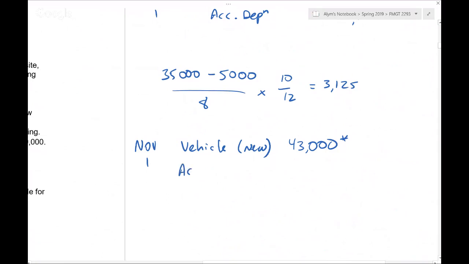We need to debit the accumulated depreciation. And I want you to try to work out how much that is. I'll give you guys about 30 seconds to try to work that out.